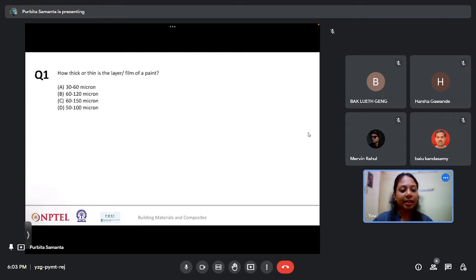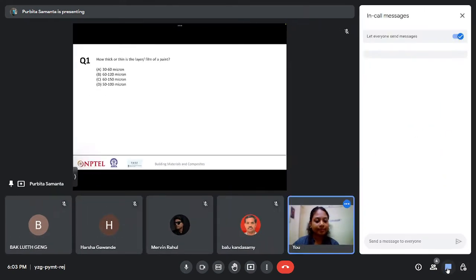So here comes our first question: how thick or thin is the layer or film of a paint? I would expect you all to answer this one. Yes, any answers from you all? It's quite a straightforward question, where the answer is 60 to 150 micron, which is generally the thickness of paint.